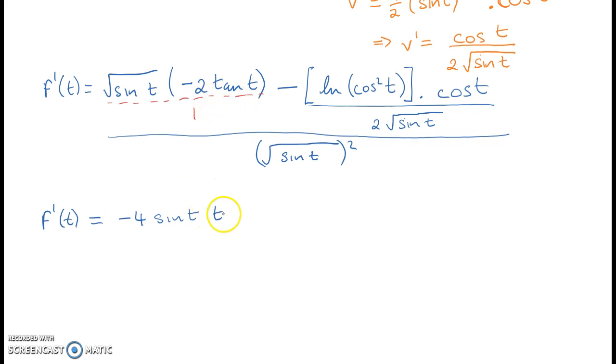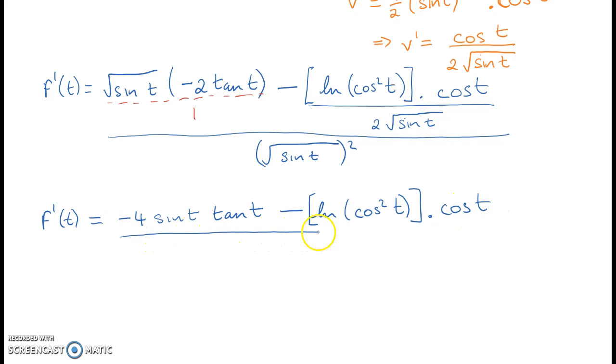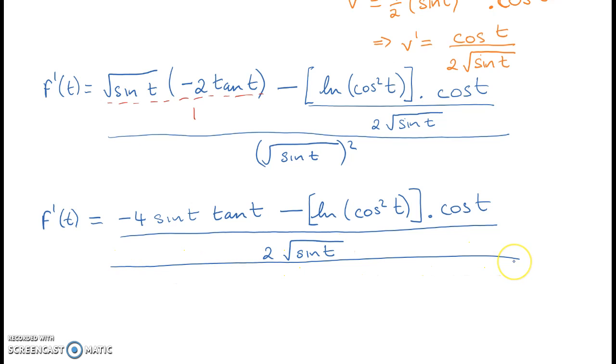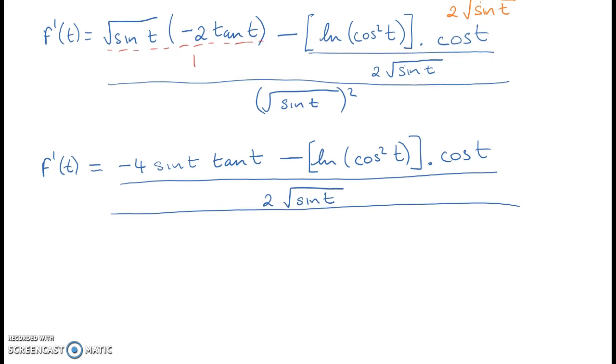So it's going to be negative 4 sine t tan t minus the natural log of cosine squared t by cosine t. And remember, that common denominator is only for the top line, 2 times the square root of sine t. And on the bottom, we're dividing that by the square root of sine t squared, which is just going to be sine of t.